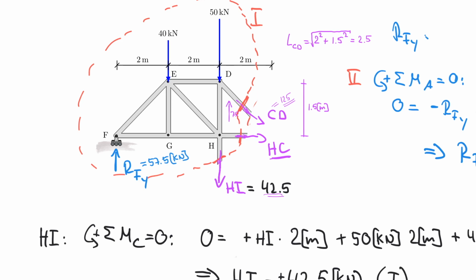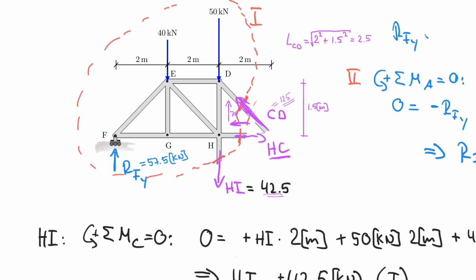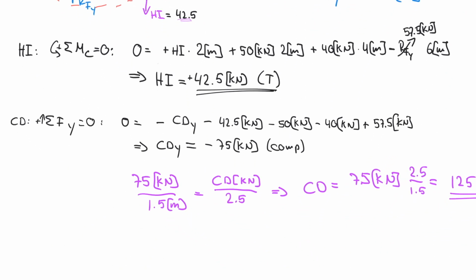So my horizontal component here technically is going in this direction, and let me fix the CD here as well. So remember that CD here is actually acting upwards. So that's going in this direction because it's in compression, but we already wrote that down below. But I now want to calculate CD horizontal. I'm going to do that down here.